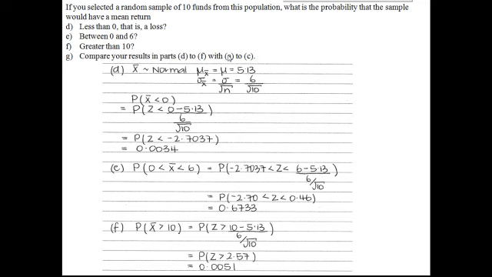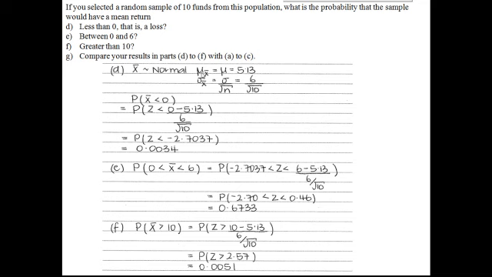The standard deviation of the sampling distribution is also linked to the population, but to get it, we've got to look at sigma divided by the square root of n.